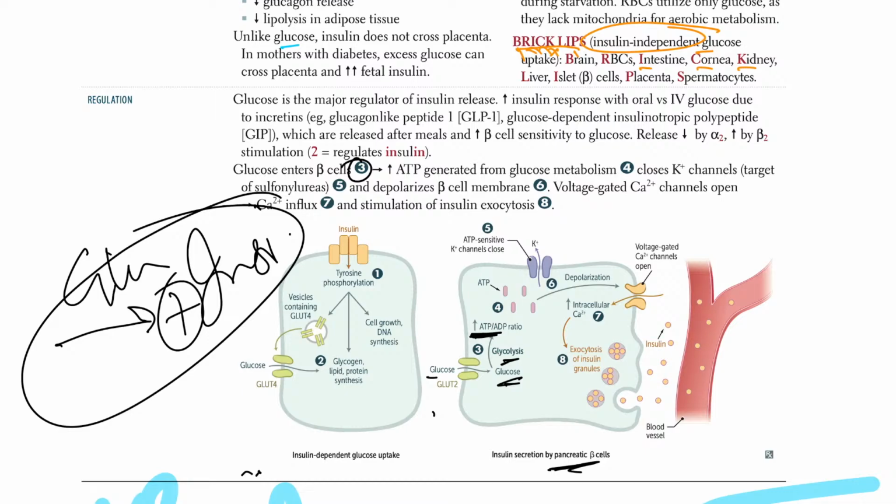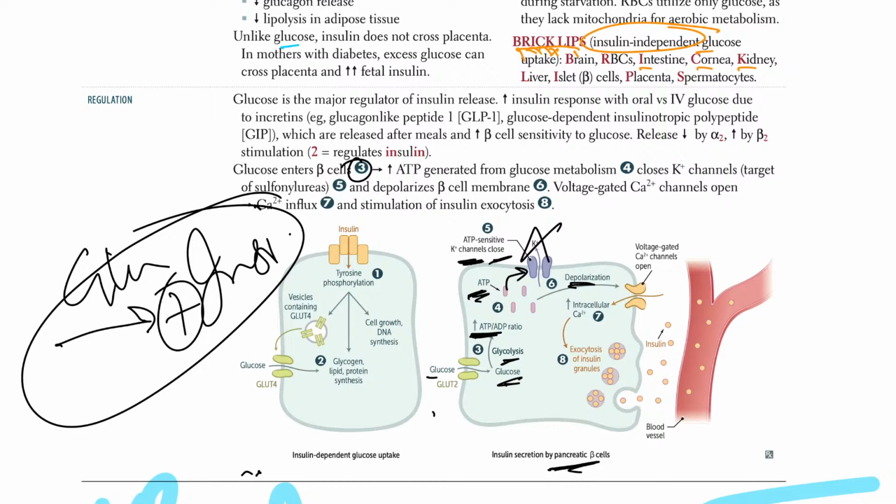That increased ATP is going to act on the ATP-sensitive potassium channels. When the ATP gets bound to these channels, they will close. When the potassium channel gets closed, the cell goes into depolarization.